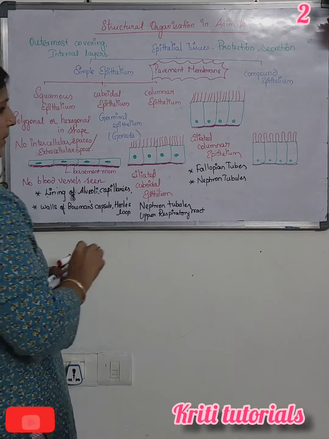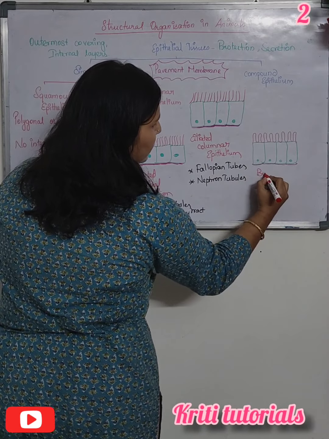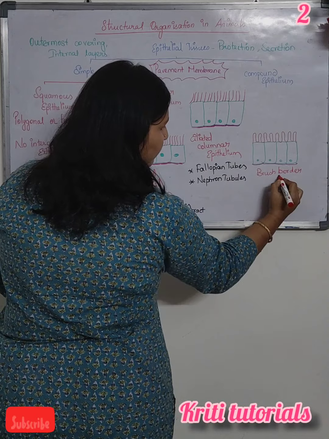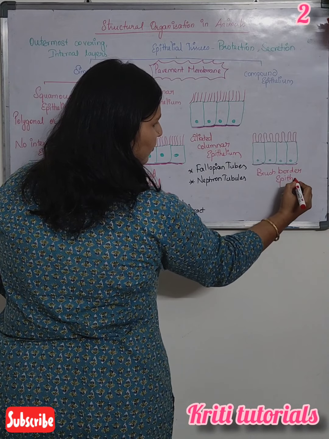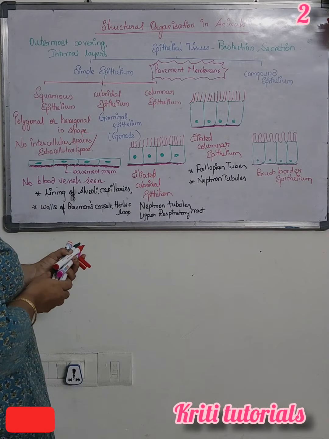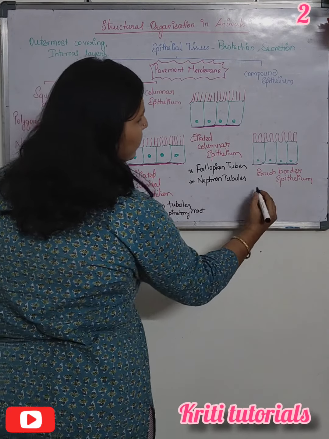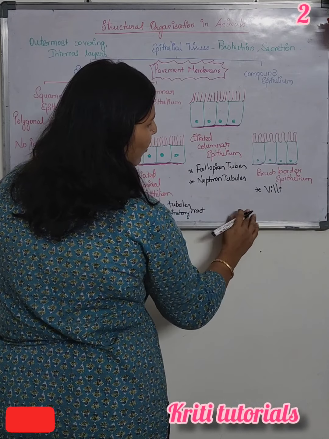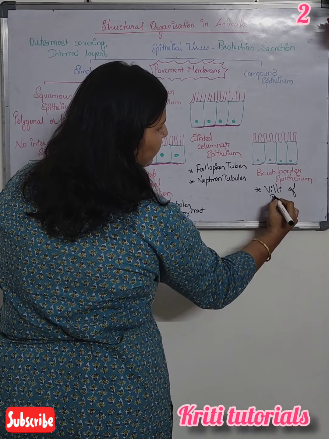This type of epithelium we call brush border epithelium. Where is this located? This brush border is located in the villi of the intestine.